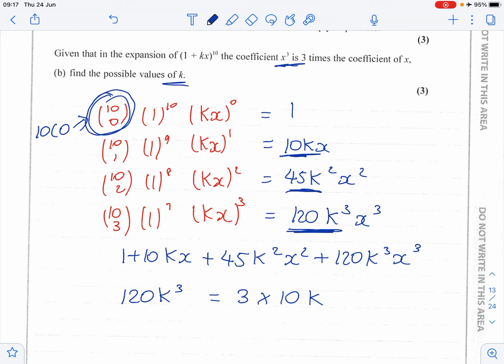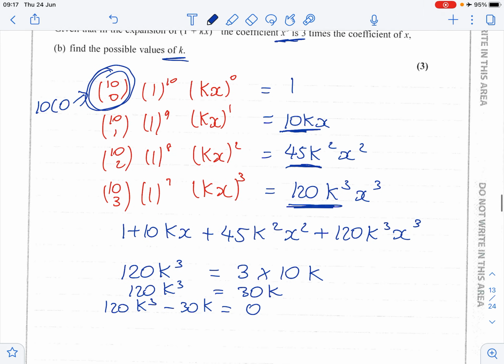And we want to find the possible values of k. So this is just saying that 120k cubed is equal to 30k. And we can solve our equations here. So we have 120k cubed minus 30k is equal to 0. So factorize, we can take out 30k, which leaves us with 4k squared minus 1.